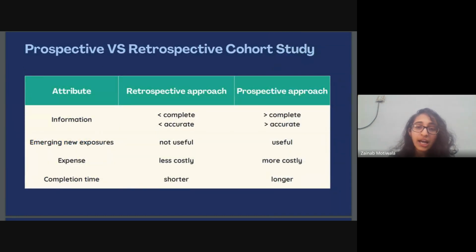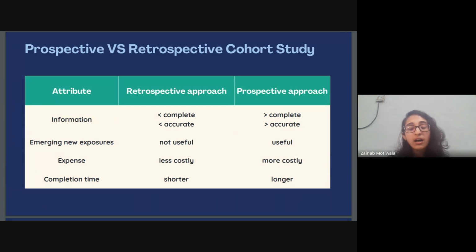Now, between retrospective versus prospective, just like pros and cons. With respect to information, retrospective can be less complete or less accurate as compared to prospective, because in prospective we are looking forward and we can look at the different outcomes, etc. But with retrospective, it mostly depends on the exposure details that are already available, and there is not much that we can do or modify or check.